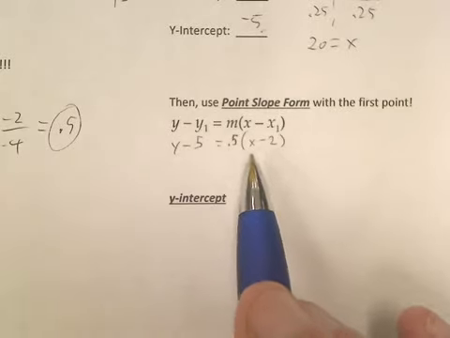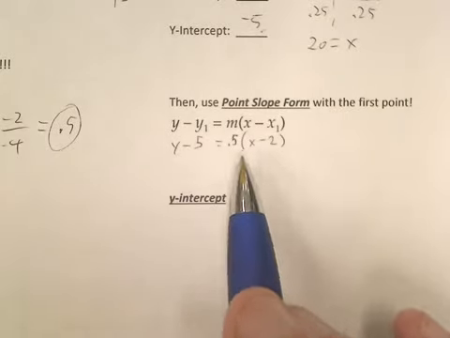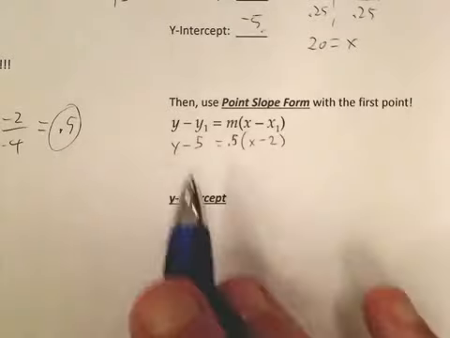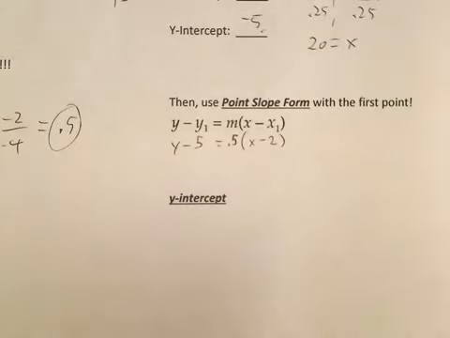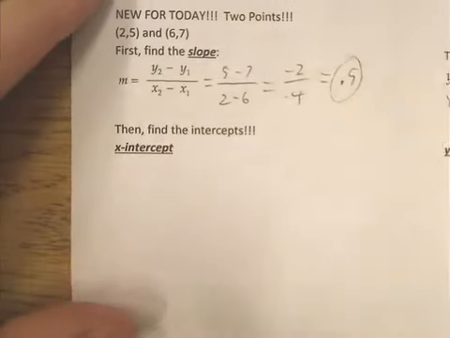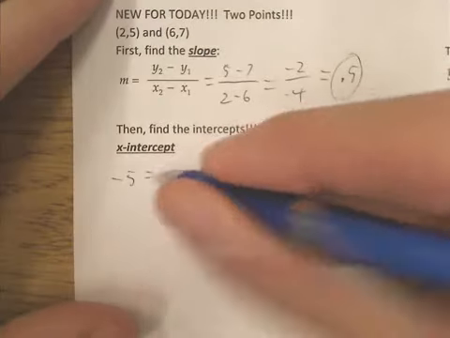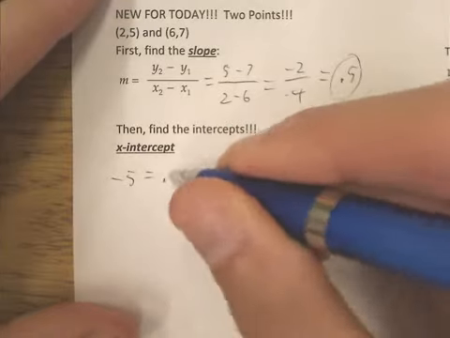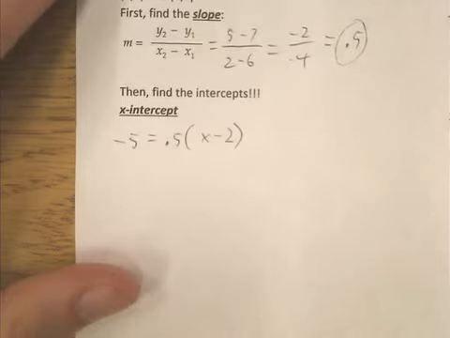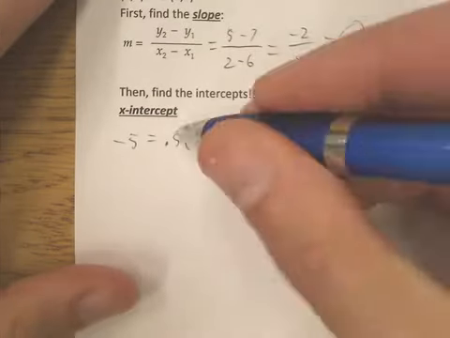All right, so now we're going to use this to find our intercepts. To find the x-intercept, write this without the y. To find the y-intercept, write this without the x. So let me go ahead and start that. The x-intercept here, write it without the y. Negative 5 equals 0.5 times x minus 2. Let's do some magic here.